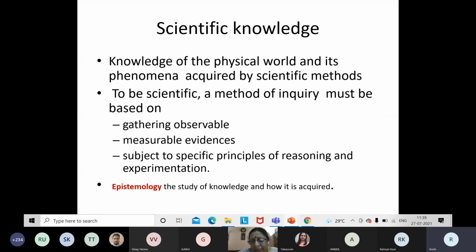And when we say knowledge, for which the precursor is the information, we are essentially only talking about the scientific knowledge which comes from the physical world, understood using the scientific method of inquiry, using observable and measurable evidences derived with the help of proper reasoning and experimentation.